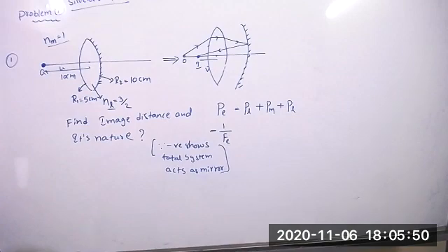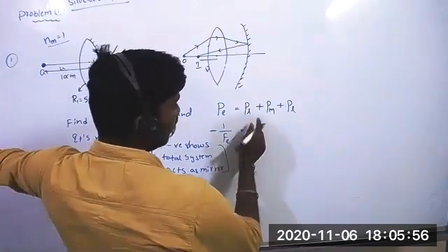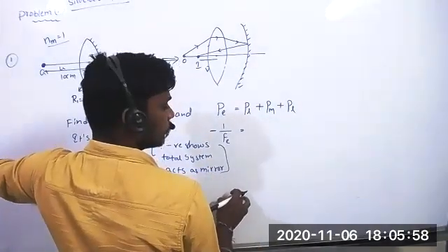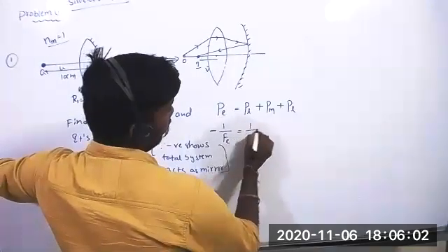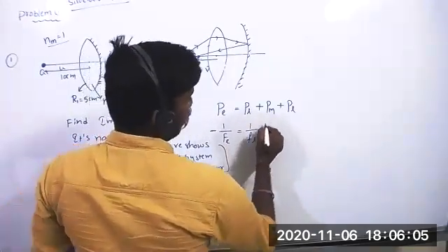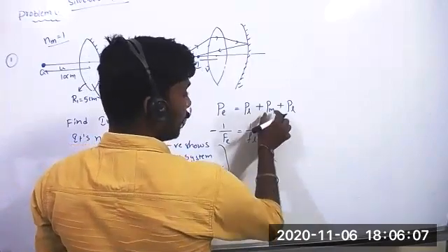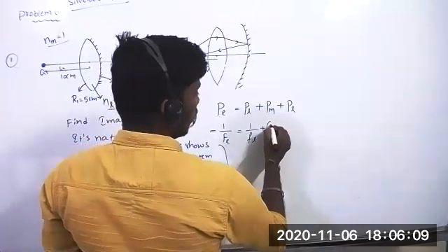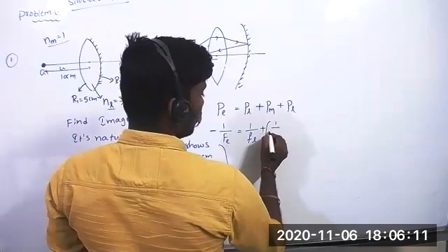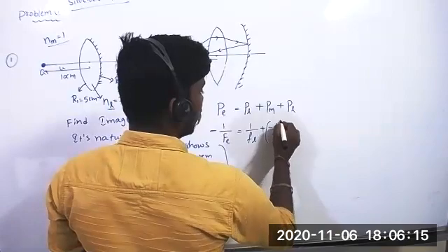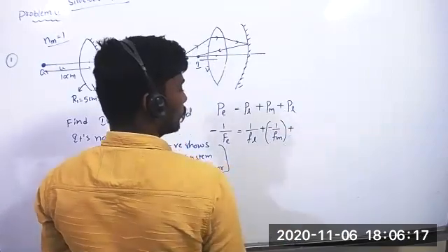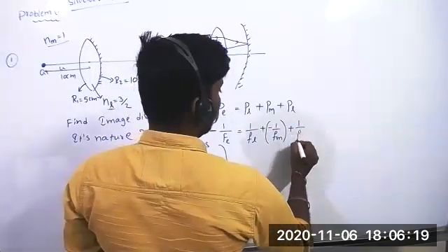Yes, sir. Now tell me, PL plus what do I have to write? 1 by FL. So minus 1 by FE equals 1 by FL plus, minus 1 by FM, where FM is the focal length of the mirror, plus 1 by FL.